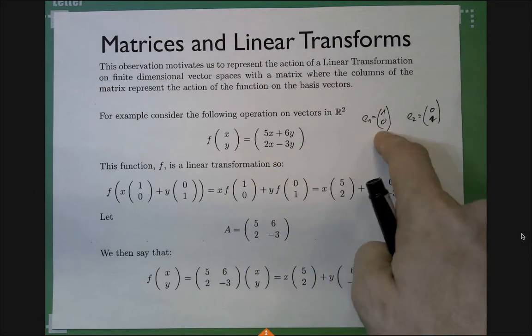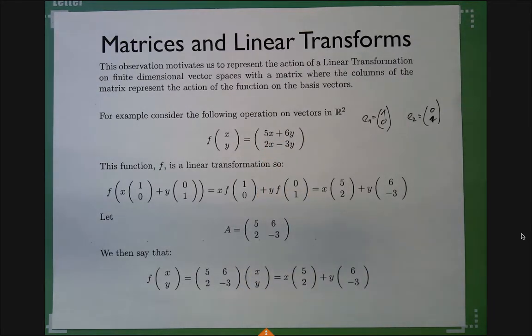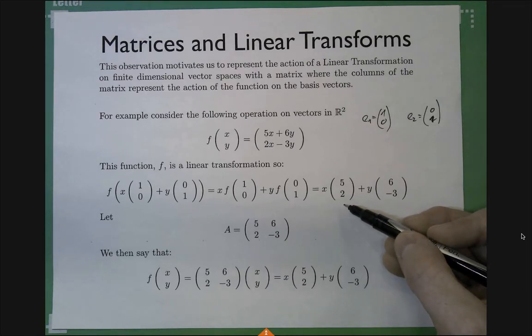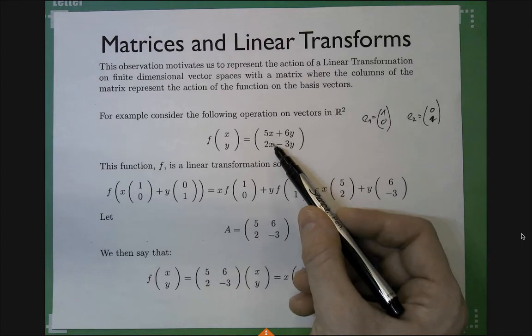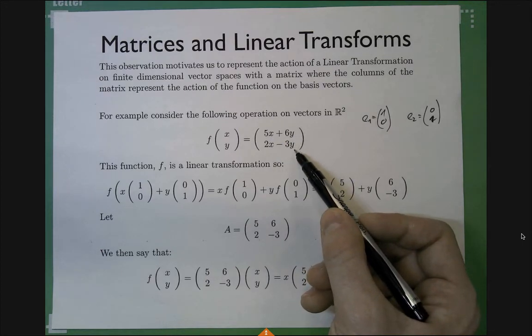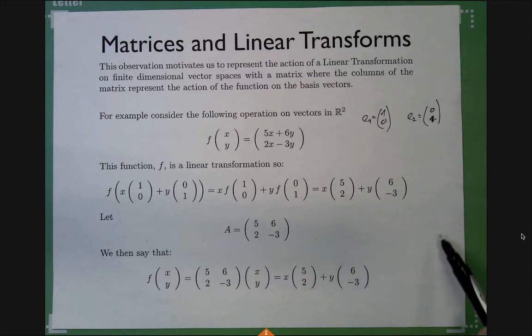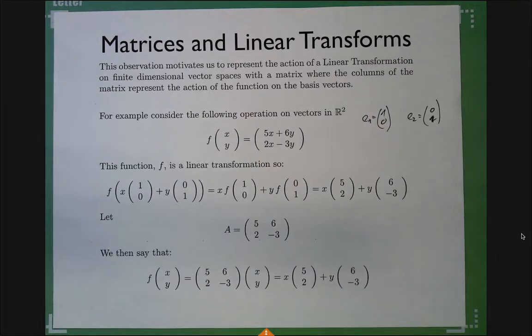Well, I just plugged e1 into here. So that means x is 1, y is 0. So I get (5, 2) here. If I plug e2 here, that means that x is 0 and y is 1. So I'll get (6, -3). So that's what I got here, right? So it's exactly the same thing as before with some actual numbers in there.